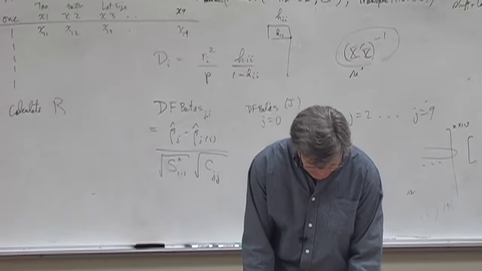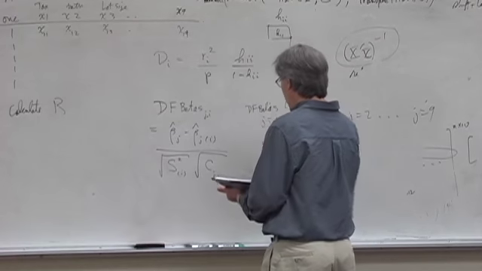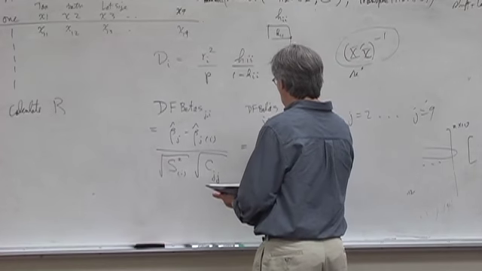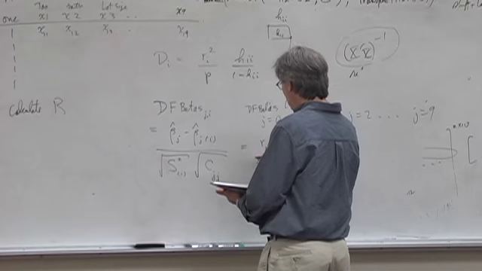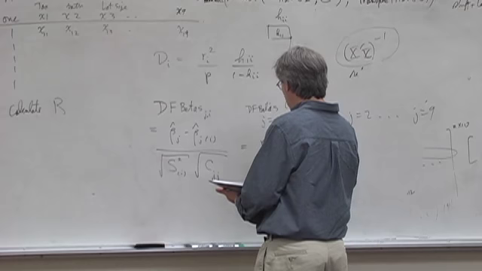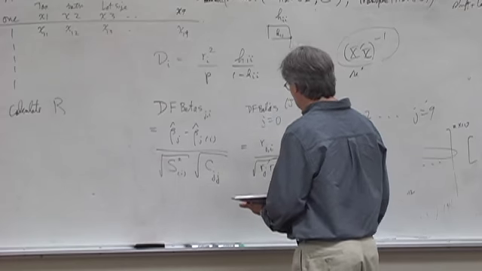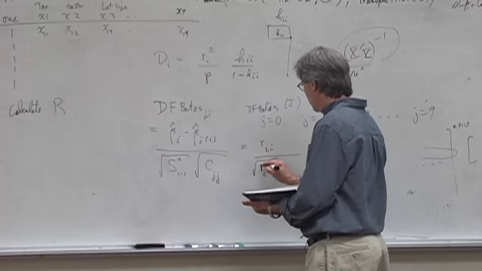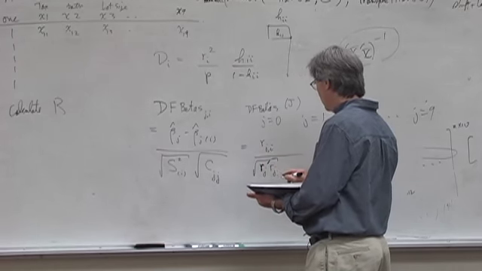I mentioned that this comes out to be little rji, the ji element of a certain matrix, divided by the square root of rj prime rj, which is the squared length of the vector rj.